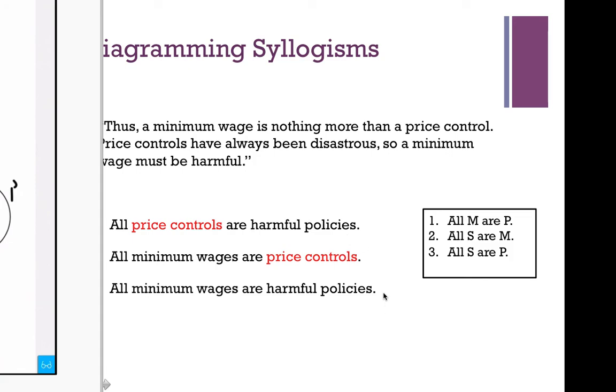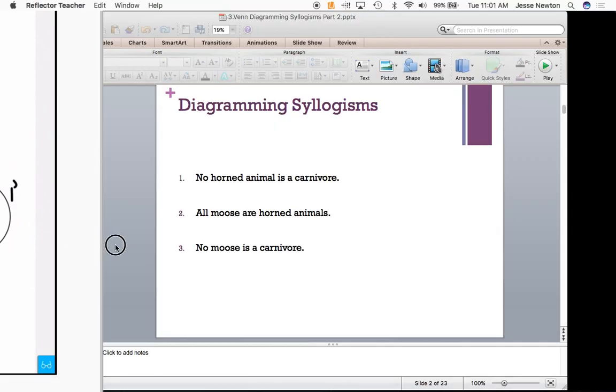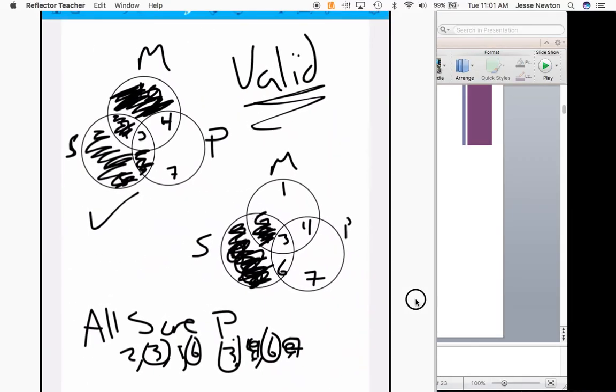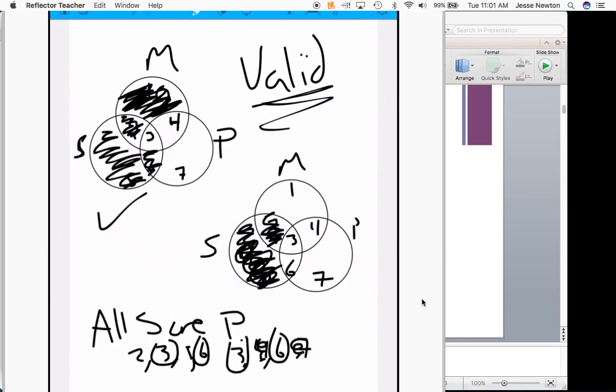That was actually the first part: we distilled the argument, we had to identify the conclusion and the premises of the argument, and we had to make sure that our major premise was first, our minor premise was second, and then our conclusion followed. We had to put each one of these propositions into its own standard form. Then we had to symbolize it, like this: all M are P, all S are M, and all S are P, so that we could finally test the argument to see that it was indeed valid.